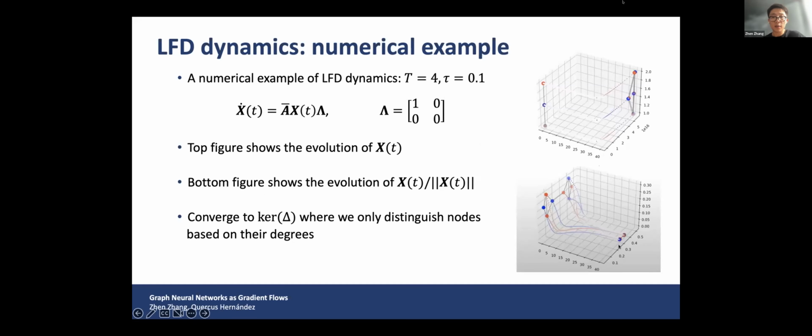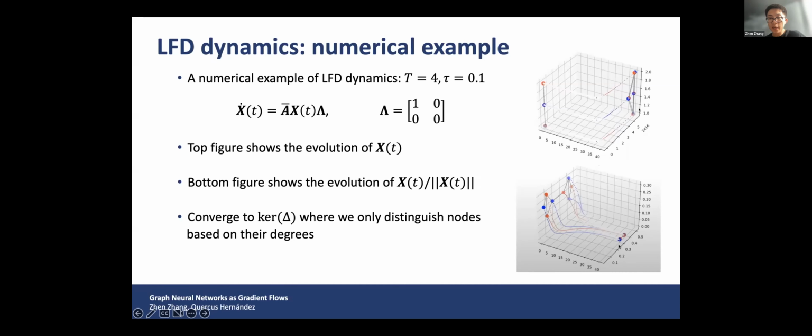And here is a typical example of this oversmoothing case. I already showed you this figure, but on the top side and the bottom side there is a slight difference. Here we consider the dynamics of x dot equals A bar x Lambda, where A bar is the normalized adjacency matrix, and Lambda is equal to this, where basically it stretches the x-axis and keeps the y-axis unchanged.